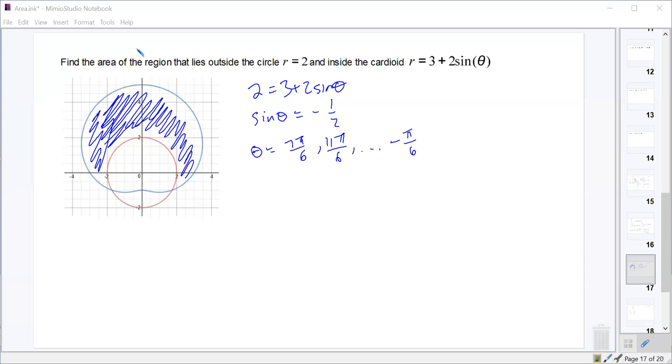So what are our limits going to be? What do you guys think? Which values are we going to choose?